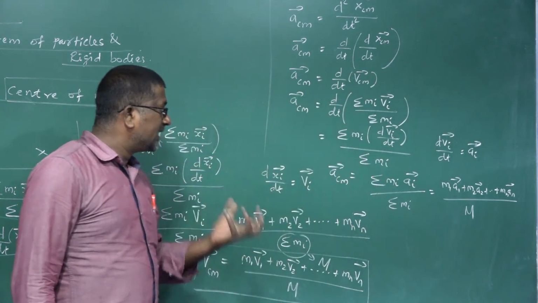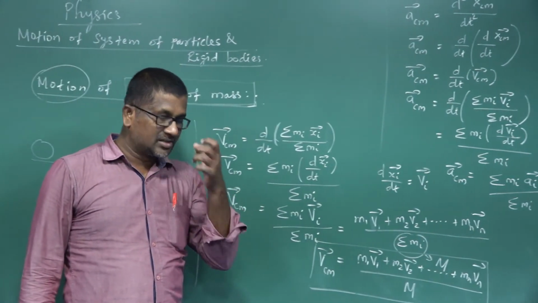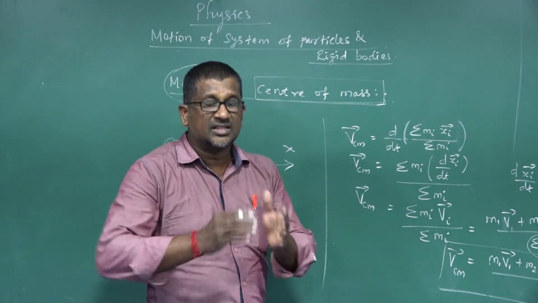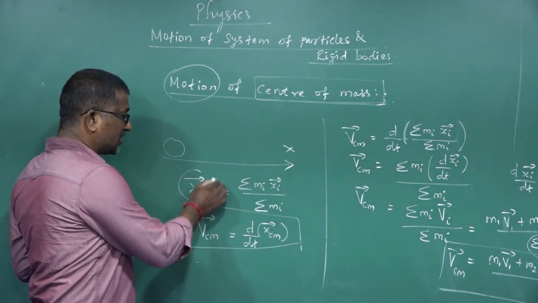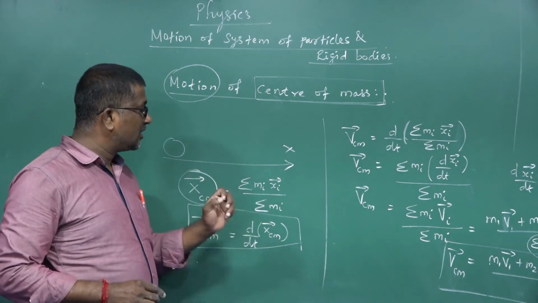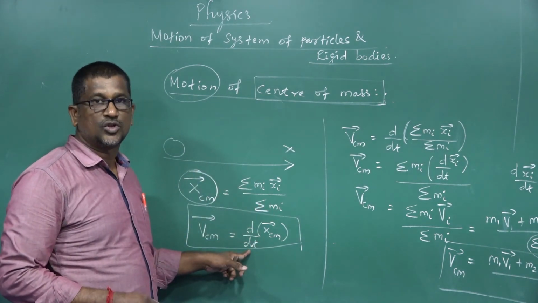So to get the velocity and the acceleration of the center of mass, it is necessary to differentiate the position vector of the center of mass one time and two times with respect to time.